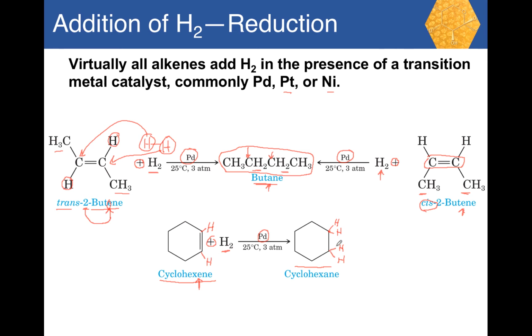So here we have a product with two hydrogens added from our reactant through an addition reaction in the presence of a catalyst such as palladium. So this is an addition reaction converting cyclohexene into cyclohexane, which is our saturated hydrocarbon.